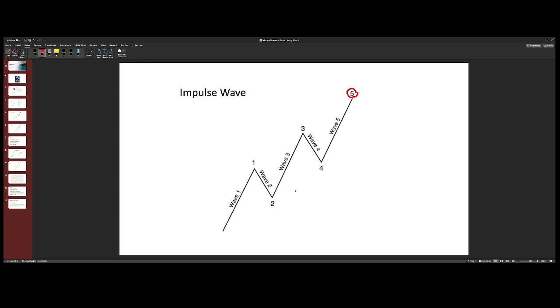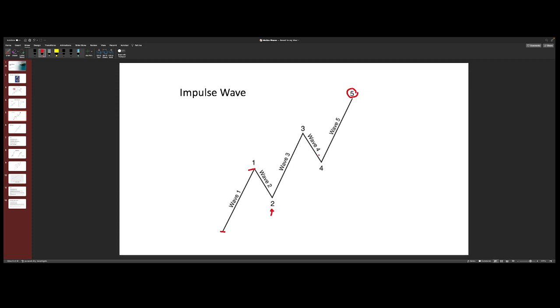The first rule is that wave 2 never goes beyond the price of the start of wave 1. So we'll never see 100% retracement on an impulse, because that would mean the rule is not being followed. It would be incorrect. Wave 2 always lands within the price territory of wave 1.